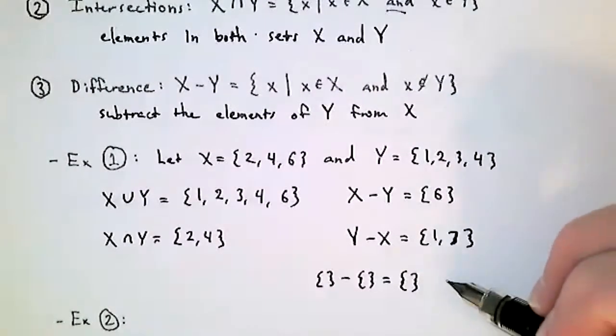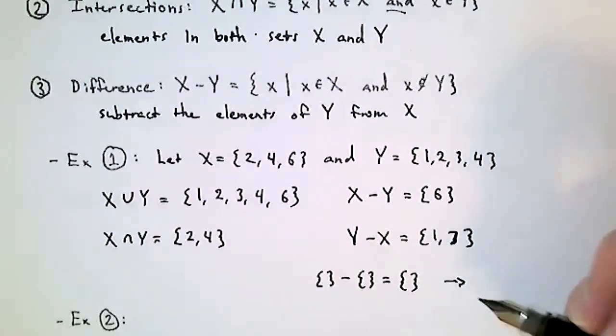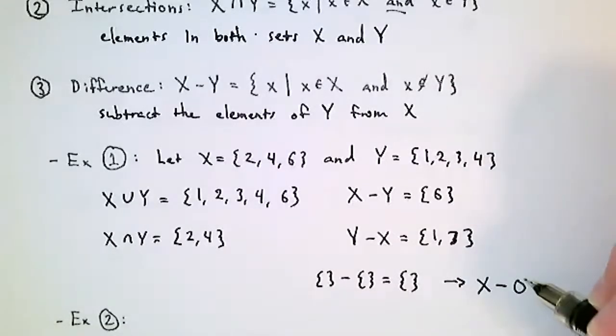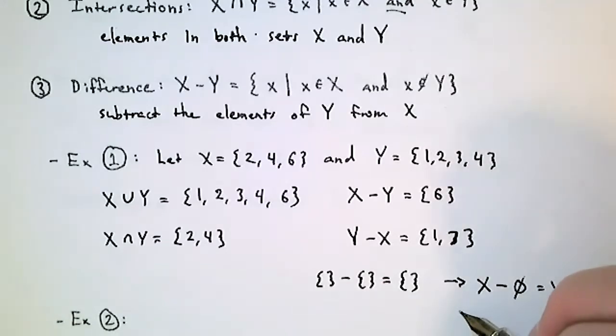And I guess this is something that I'm going to write down in a few minutes. But if I start with any set and I subtract off the empty set, I'm not taking away any elements. So nothing happens. I still have what I started with. And the way to think about this is just like subtracting 0, the number.